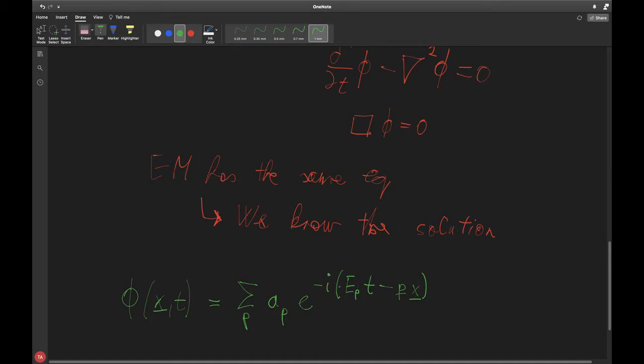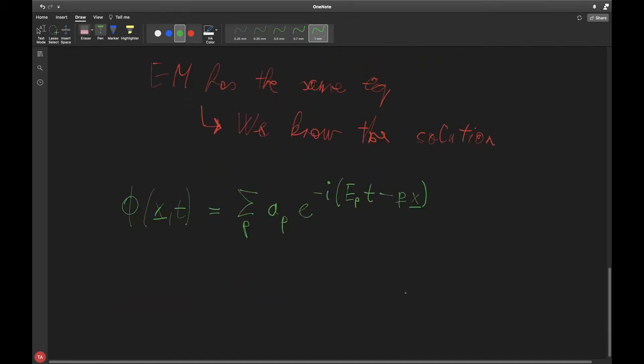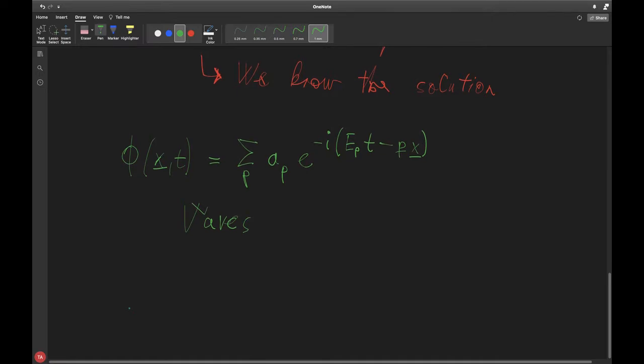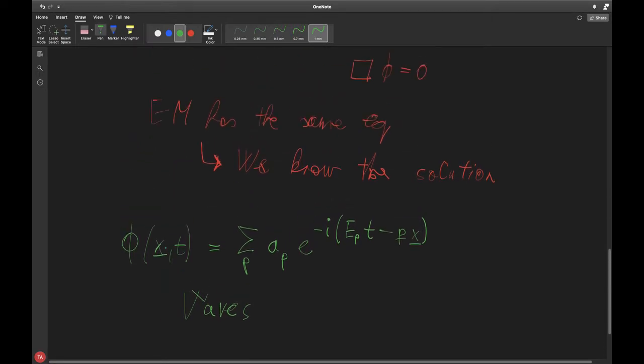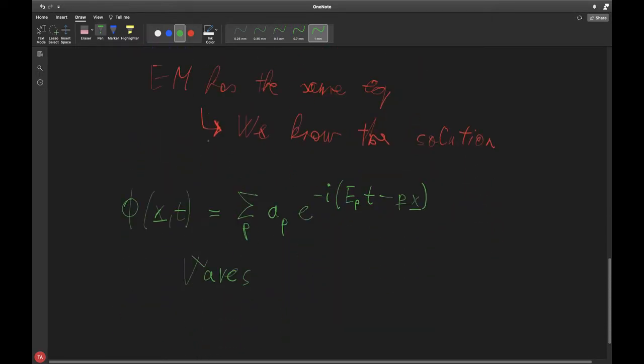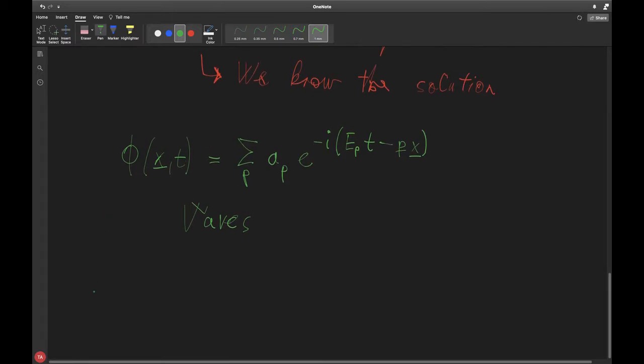This e to the minus i(Et minus p x) is something which we see in electromagnetism, and this is the wave solution. So this describes waves. If we insert this back into the original equation, then we get the so-called dispersion relations.